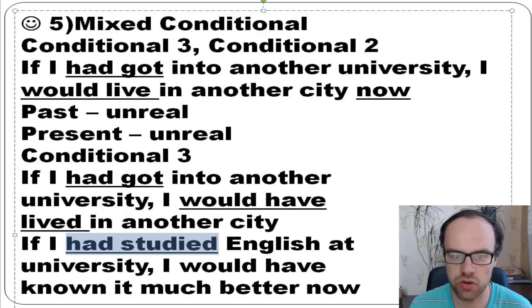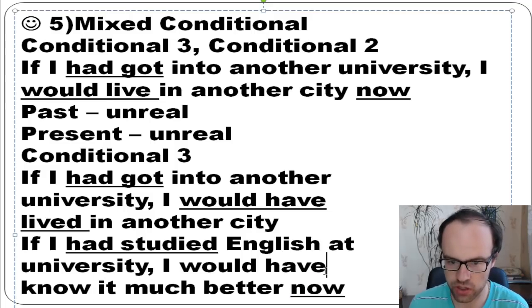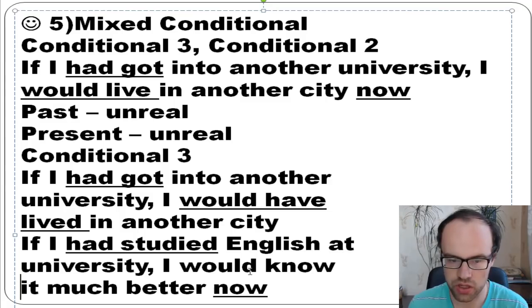That's true. So had plus past participle. At university, I would have known it much better now. But please look, the second part is about now. It's unreal about now. So they can't use the third conditional here. They need to use the second conditional. So would plus verb. Only this way. Would know it much better now.